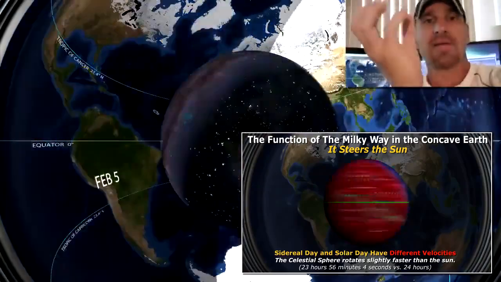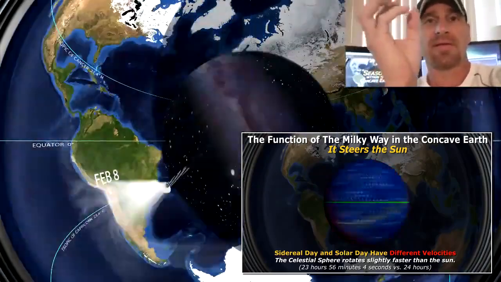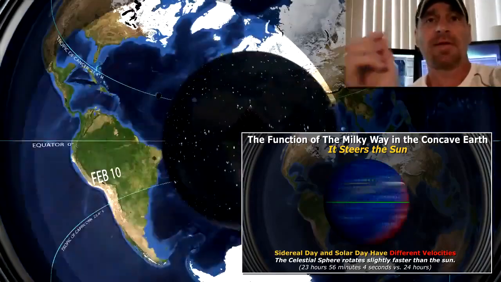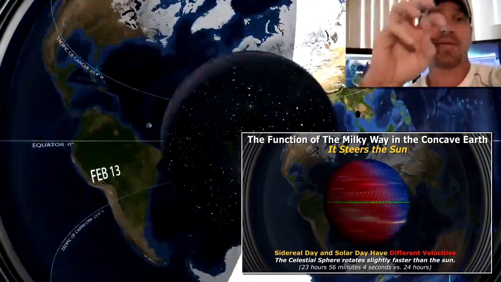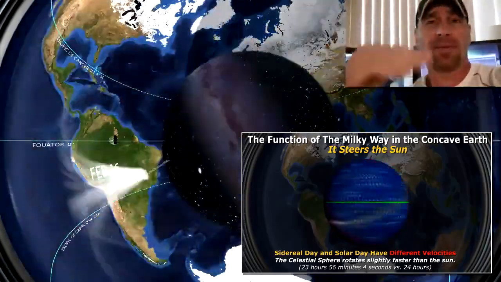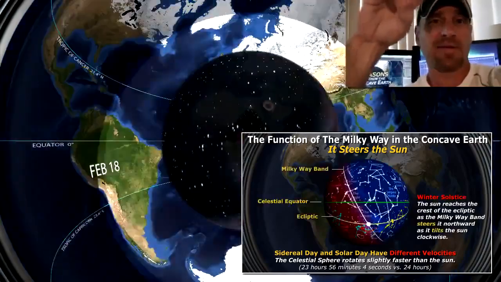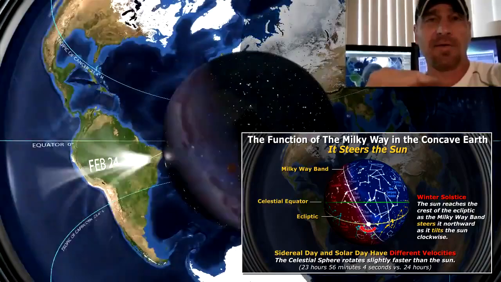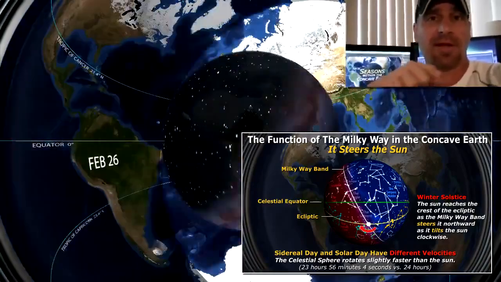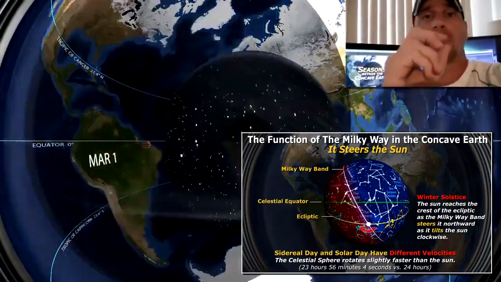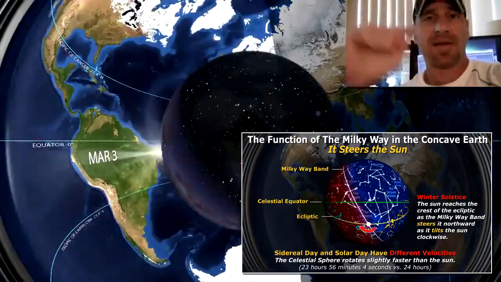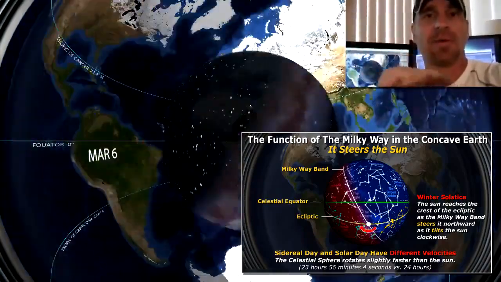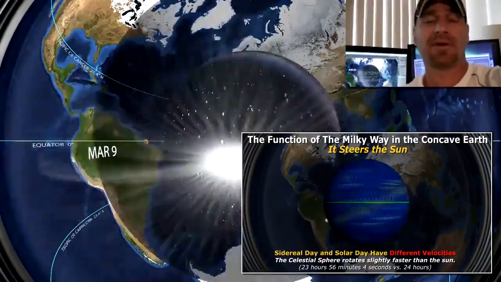They show that every 6 months the sun is oscillating back and forth. So when it crosses that plane, it steers the sun in the other direction. Like when it's up north, it's going to steer the sun south, and then conversely the same when it goes down south. When the sun goes down south, when it crosses that plane, it's going to steer the sun back up north. So it's all being influenced by that dividing line, that Milky Way dividing line. It has a purpose, it has a function.